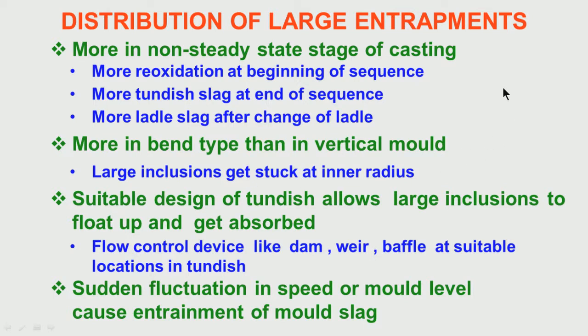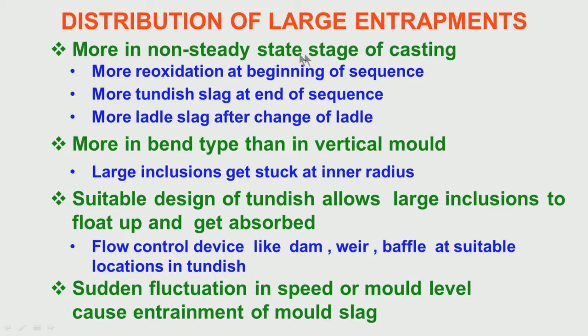I have mentioned it earlier: when you have a vertical mold, the inclusions in the mold float up, go to the top and get absorbed by the slag. But when you have a bend type of mold, some amount of inclusions will get stuck at the inner radius portion, and the inner radius area will be relatively less clean. So, some amount of exogenous entrapment will be there. We have to be careful about this.